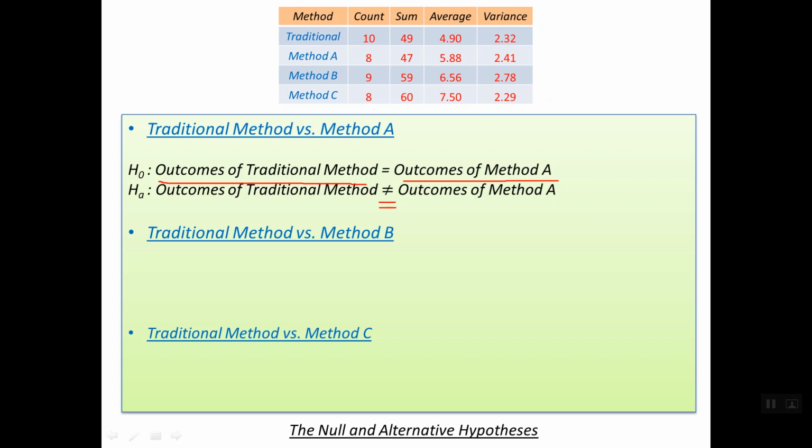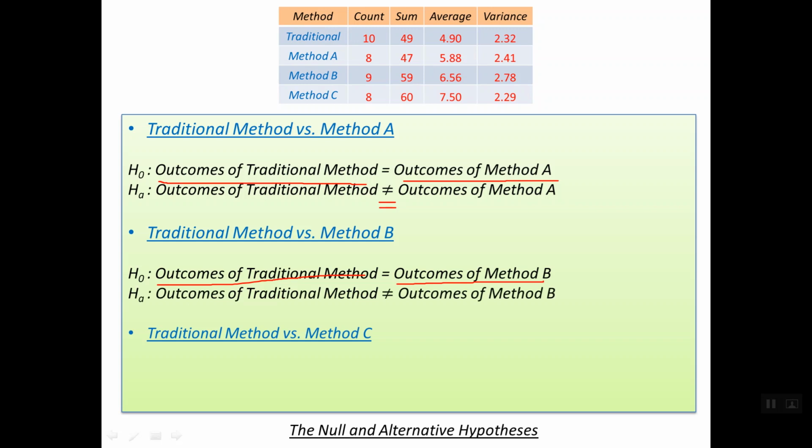Regarding the traditional method and method B, it is the same. The null hypothesis states that there is no difference between the two methods, the traditional one and method B, while the alternative states that the means for the two methods are not the same.